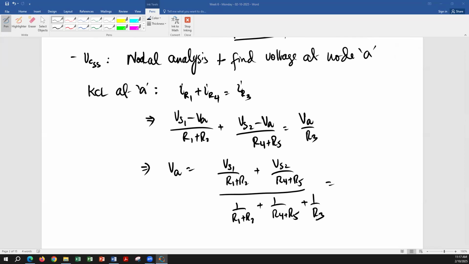Okay, so let's do that. VA is equal to VS1 divided by R1 plus R2, plus VS2 divided by R4 plus R5, divided by 1 divided by R1 plus R2, plus 1 divided by R4 plus R5, and plus 1 divided by R3.